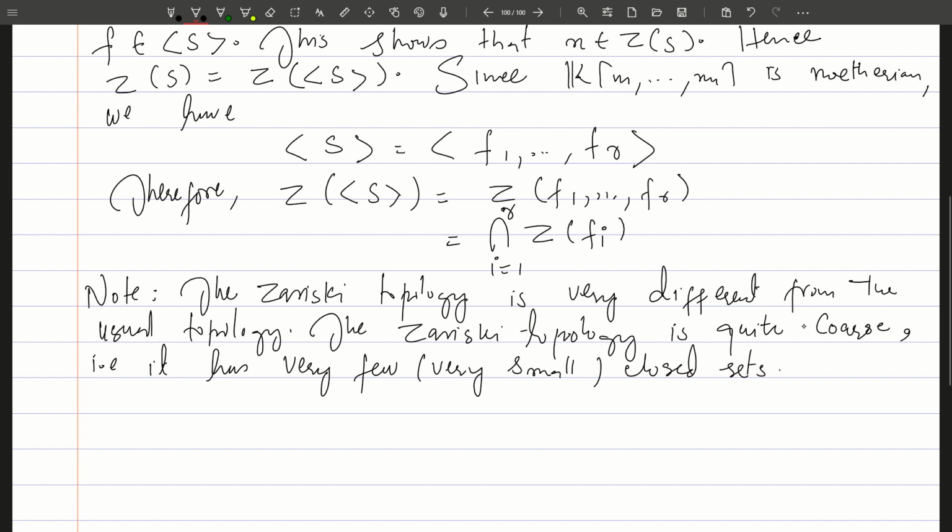If this is the case, it means it has very few but very large open sets.